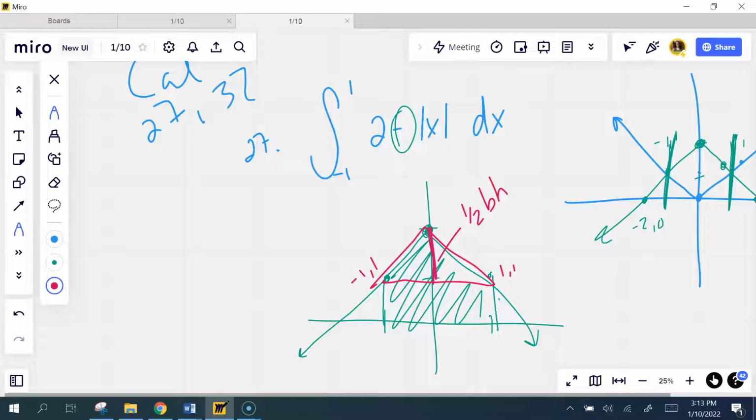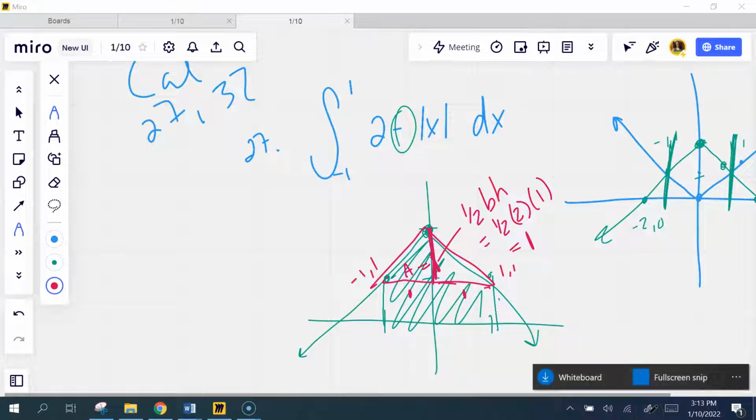So the height is 1, and the base stretches across 2, because 1 unit here and 1 unit there. So the area of this triangle would be 1/2 base, which is 2, times the height of 1. So the triangle up top has an area of 1 unit square, whatever that is.